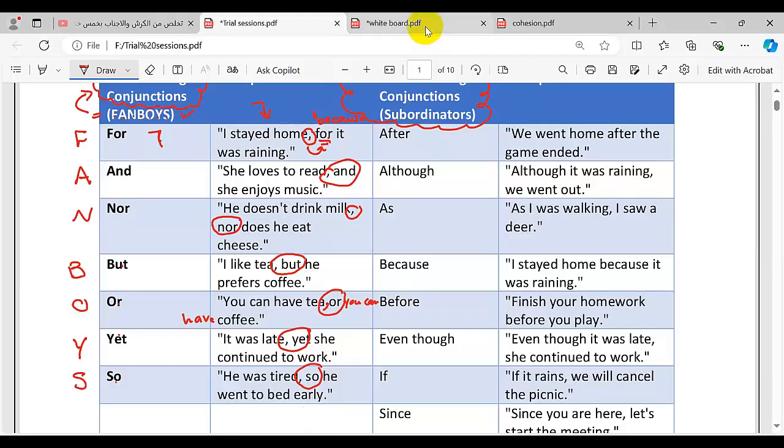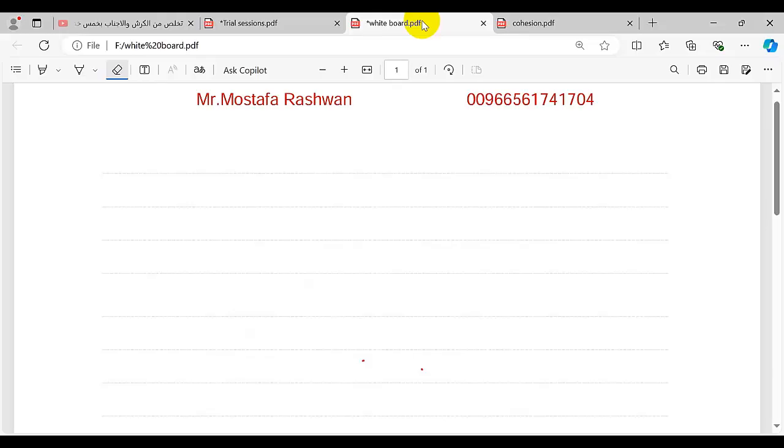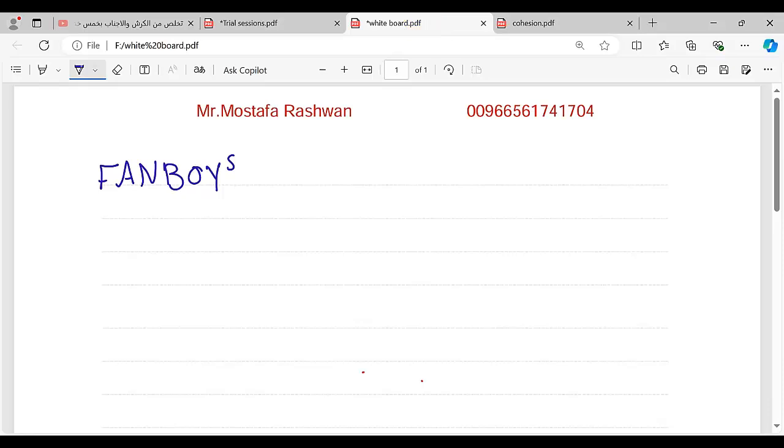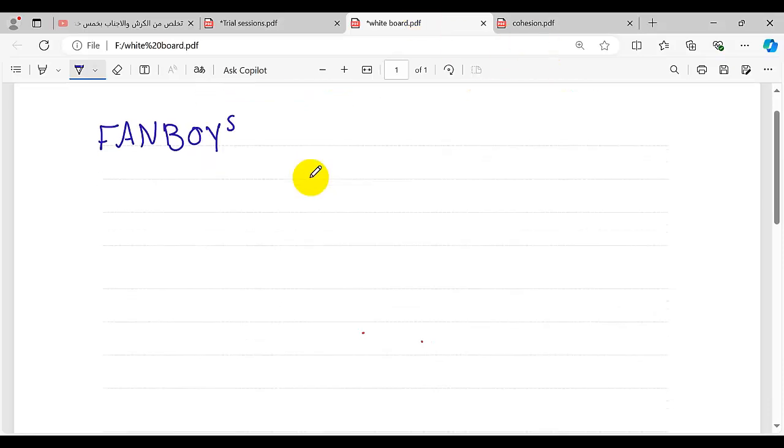Here, we just want to read this note that fanboys, the conjunctions we already wrote some sentences with right now, are used to form what kind of sentences?